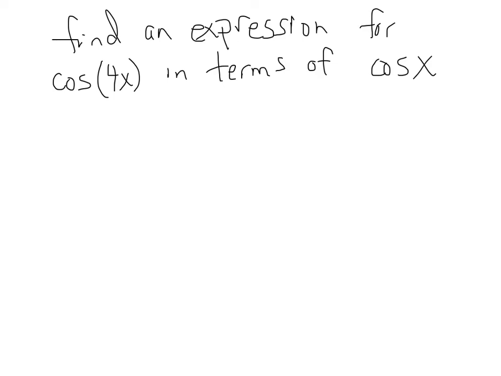Well, we just figured out that cosine 4x was equal to 2 cosine squared 2x minus 1. Now, let me write this squared a little bit different. It's going to make this problem much more manageable.